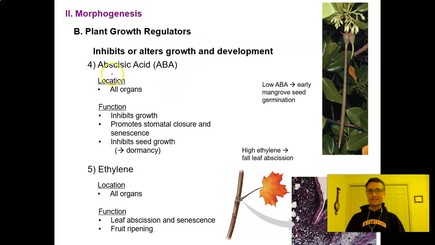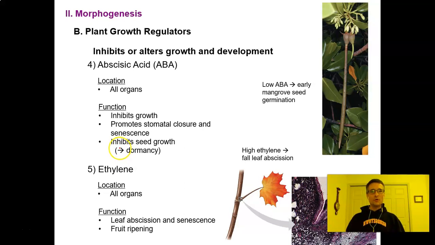We have abscisic acid, often abbreviated as ABA, and it's located throughout the plant in all organs. It inhibits growth, and it can promote the closure of stomata, the shutting down of these little holes, and the senescence of leaves as well, the programmed death of leaves. It can also inhibit seed growth. In other words, it promotes the dormancy of the seed.